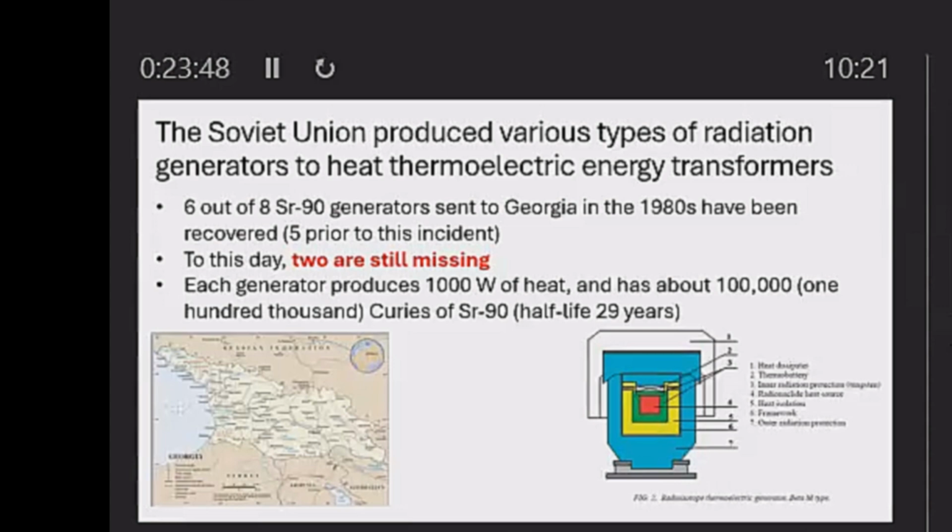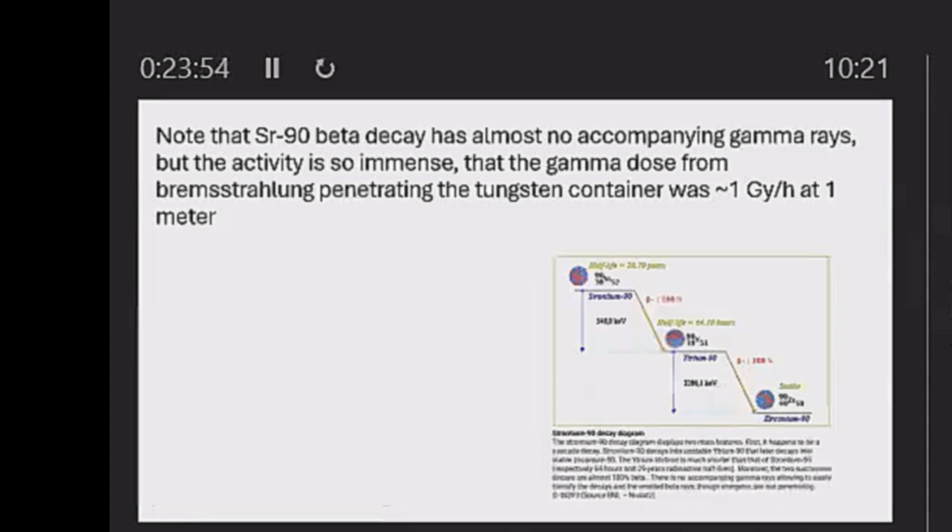Half-life of 29 years. The experts in the class might say, "Oh, it's strontium-90. It emits no gamma rays, only beta. So you just put it in shielding and you're fine, right?" But we're talking about 100,000 curies.